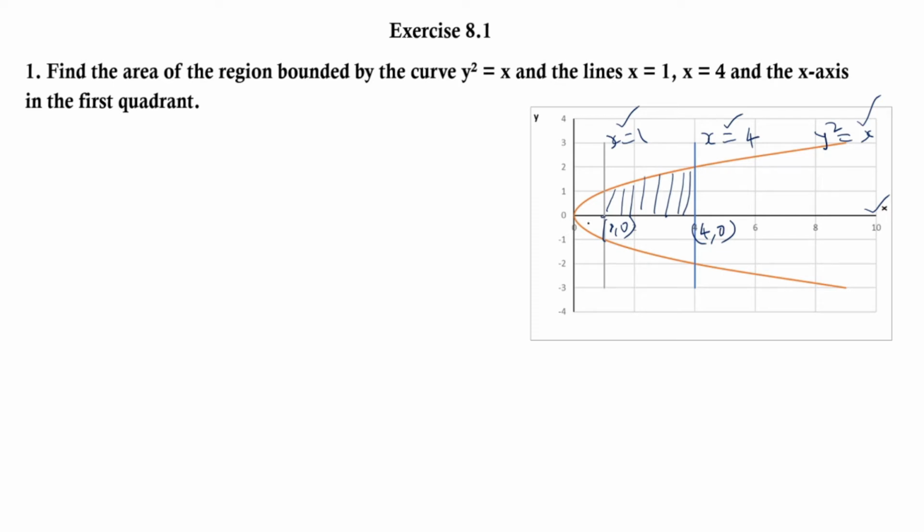Let us mark this as A, B, C, D. So the required area is equal to area of the region A, B, C, D, A. So that is the shaded part.